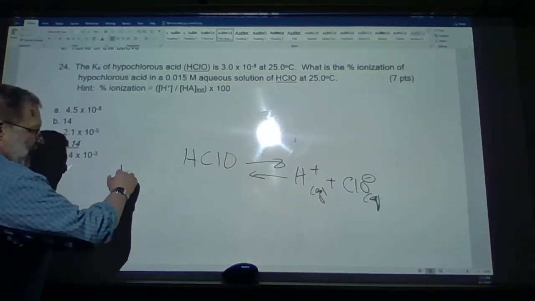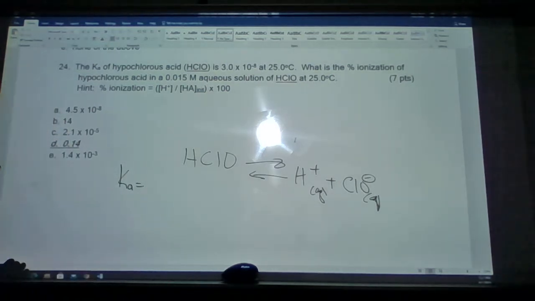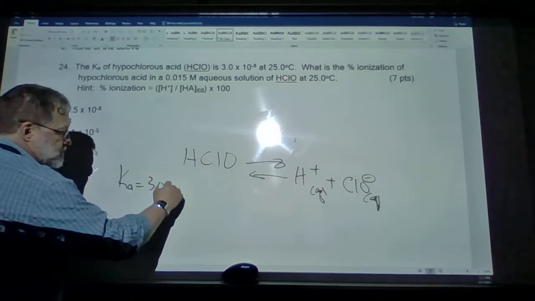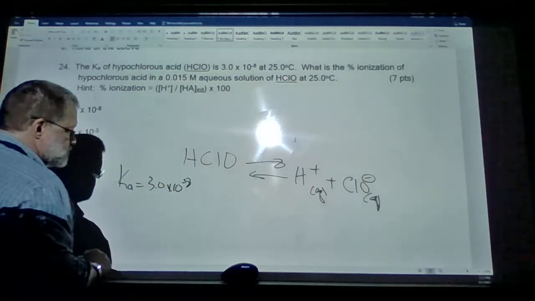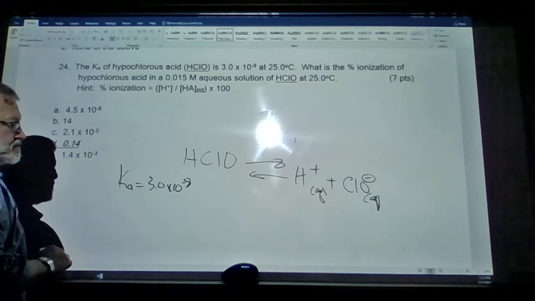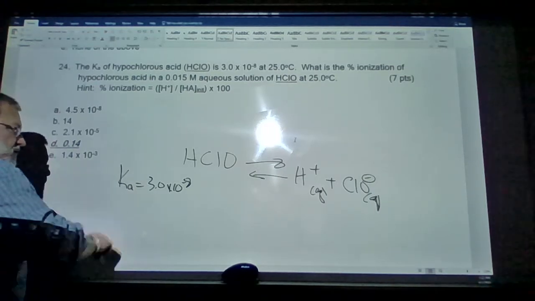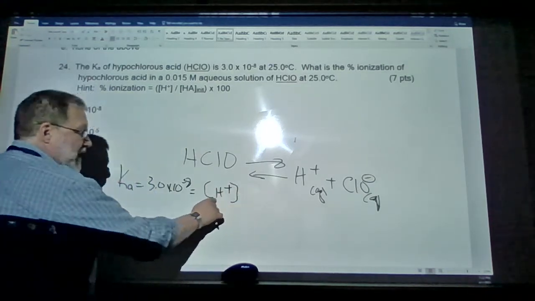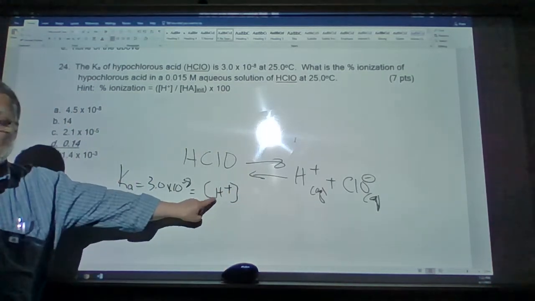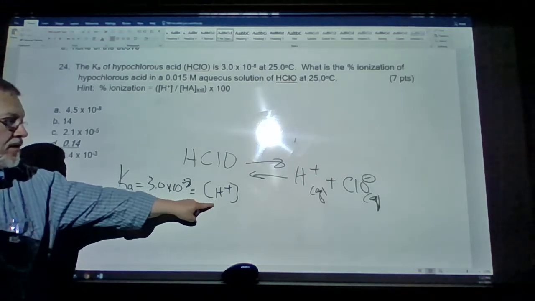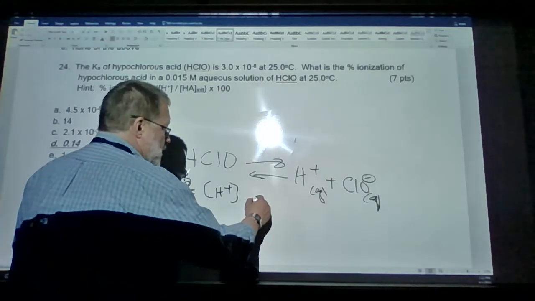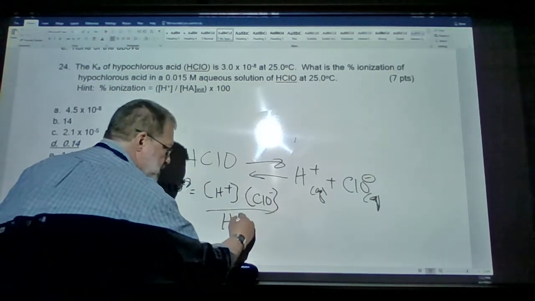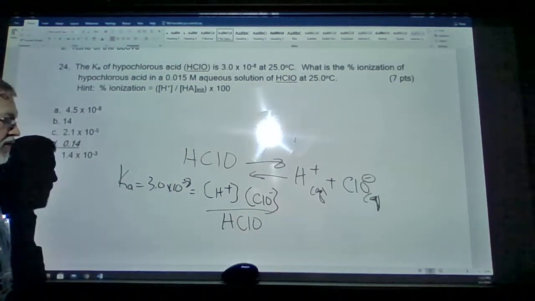The Ka, the acid strength of this reaction, is 3.0 times 10 to the minus 8th. For this reaction, the Ka value is equal to the H plus concentration at equilibrium times ClO minus divided by HClO.